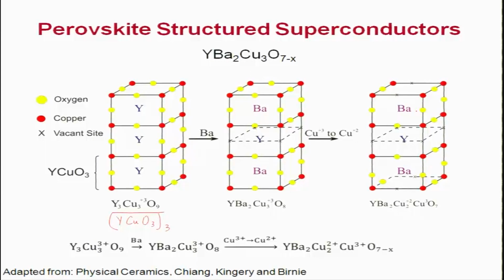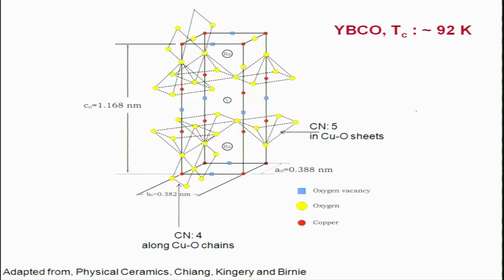It does not have the typical octahedral coordination. For example, the copper in these positions has 5-fold coordination because the one oxygen on top, which was present earlier, has gone missing. So, instead of 6-fold coordination, you end up having 5-fold coordination. Here, because you have oxygens missing on this side as well as on this side, the copper is surrounded by now 4 oxygen atoms.